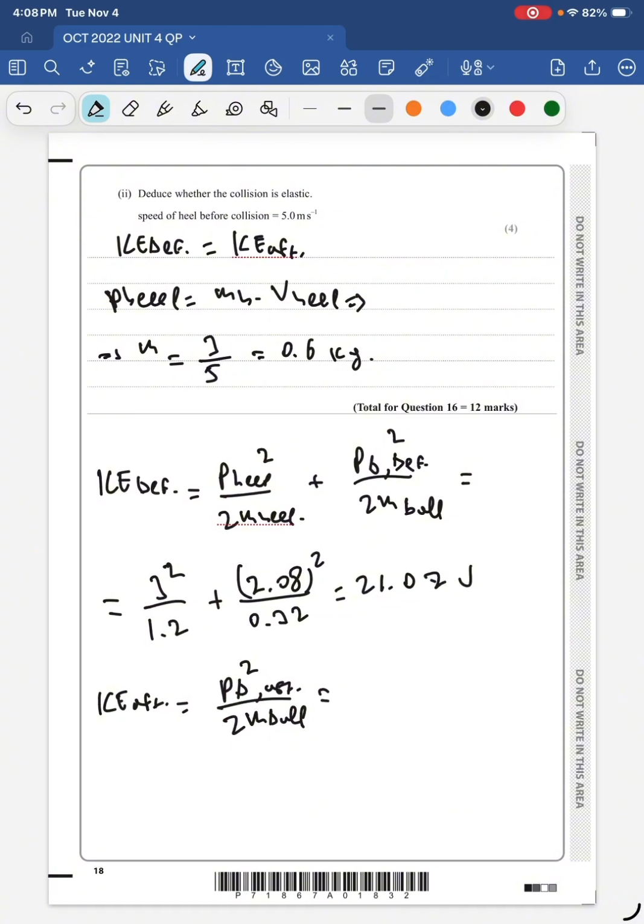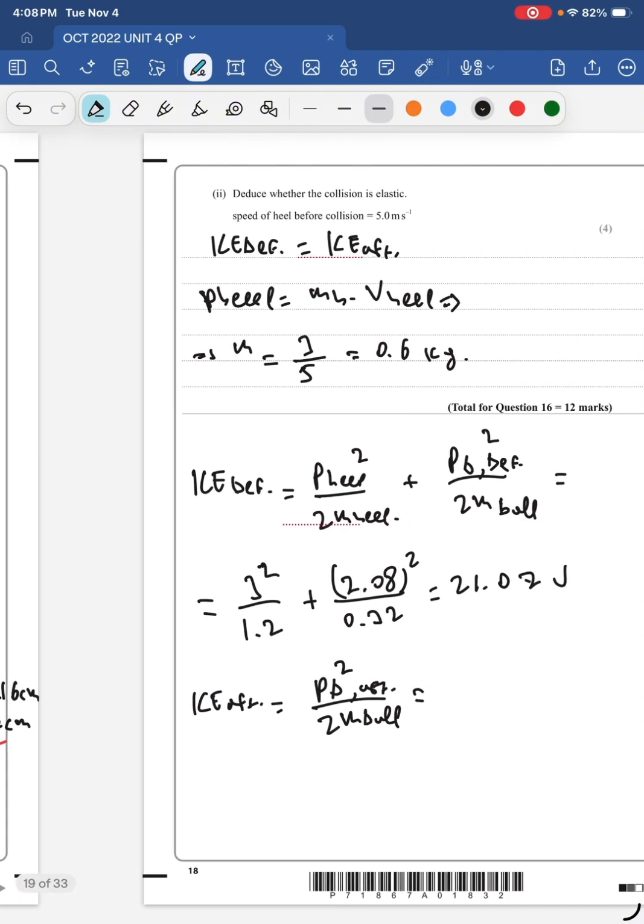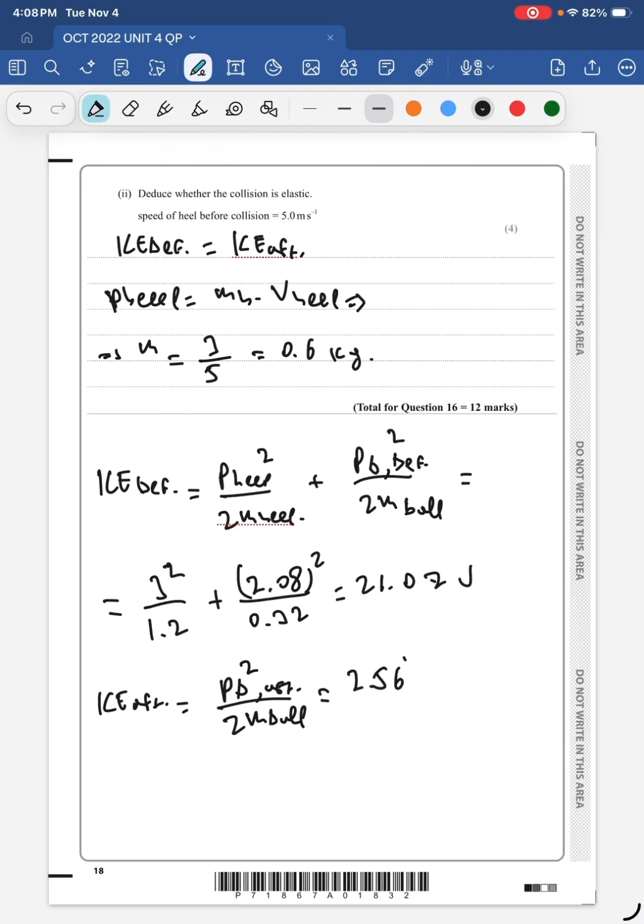Now the kinetic energy after is just the P of the ball squared after over 2 times the mass of the ball, which is 2.56 squared over 0.32. So let's see, 2.56 squared over 0.32 gives, actually it's close, 20.48 joules.